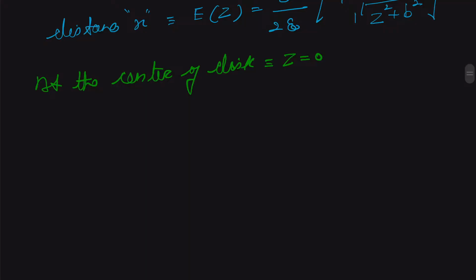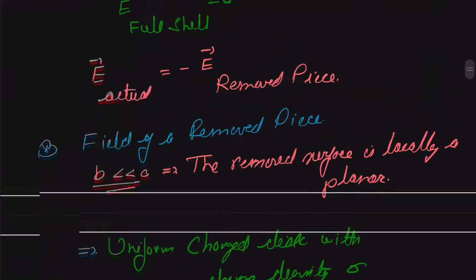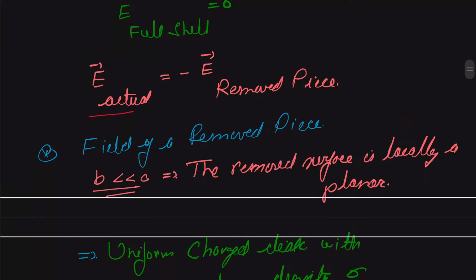Therefore the electric field because of the disk will be equal to rho upon 2 epsilon naught. And we already know that our actual electric field is equal to the negative of the electric field of the piece removed.